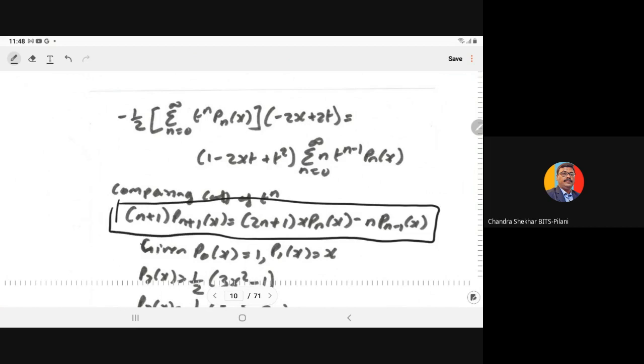This is the most important recurrence relation in the case of the Legendre polynomial. We have more recurrence relations also, but this is the most important one.